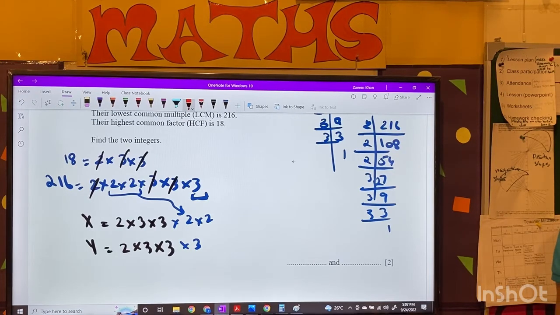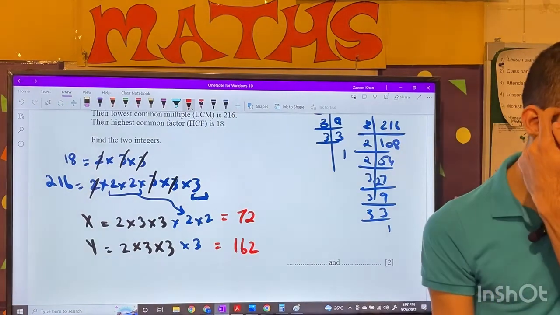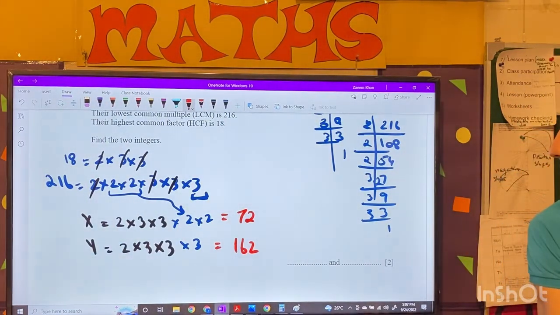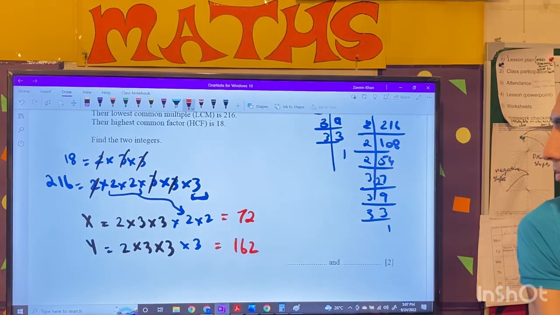It would be 72 and... This is x is 72? Yes. And y is 162, I guess. All right. If you have a calculator, can you check them as well? Yeah.